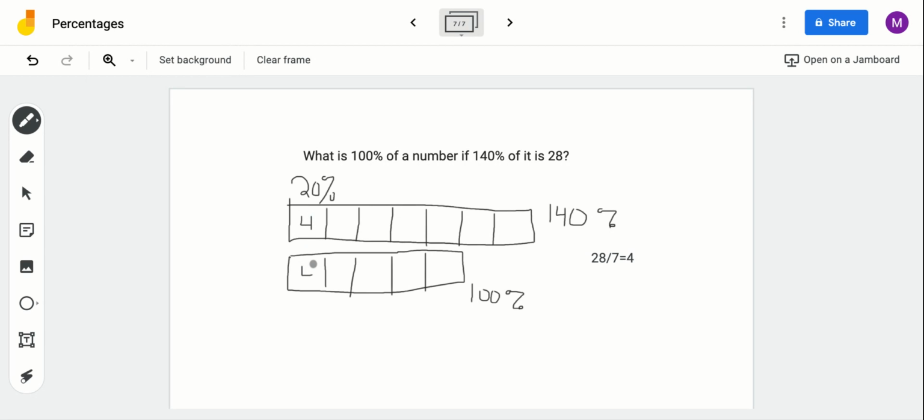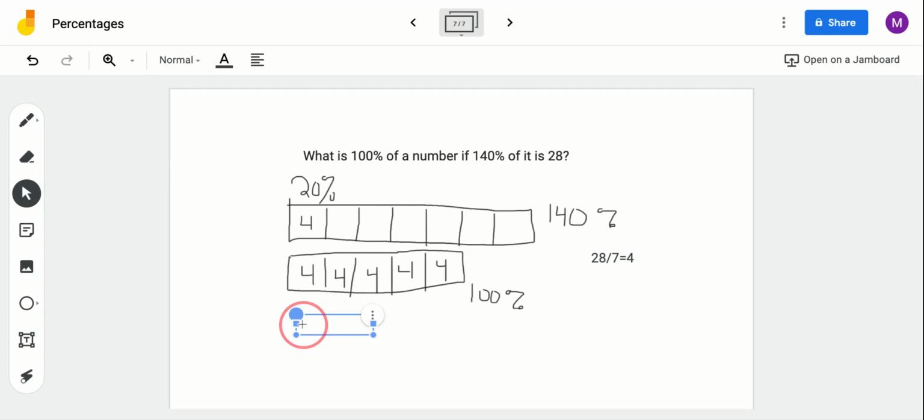So each of these is worth 4. And I have 5 of them. And so 100% equals 4 times 5, which is 20.